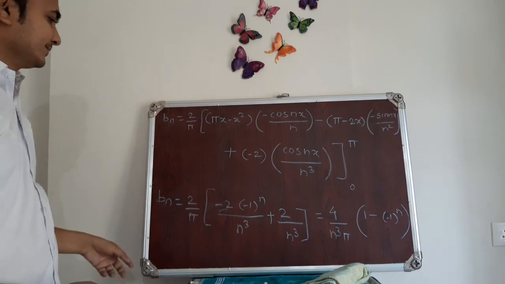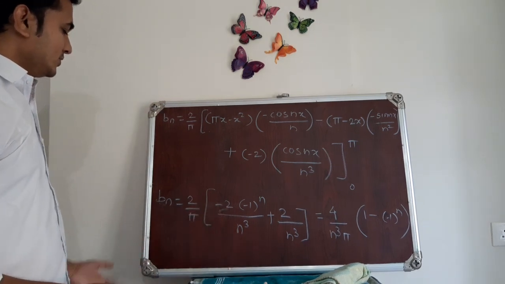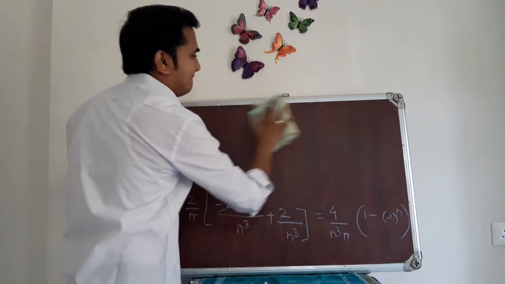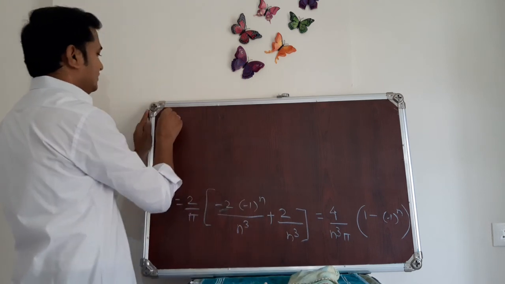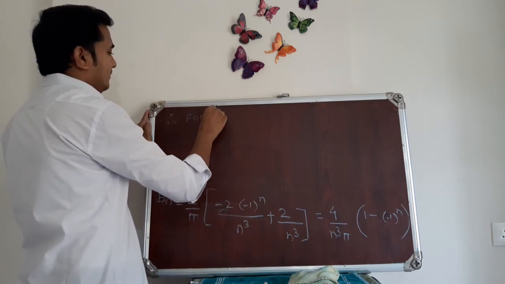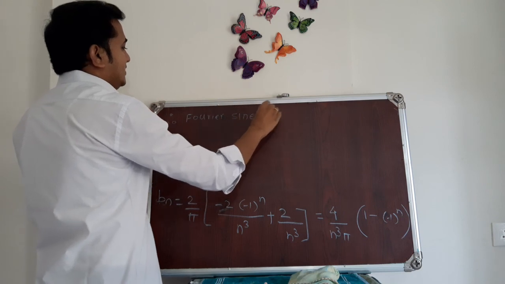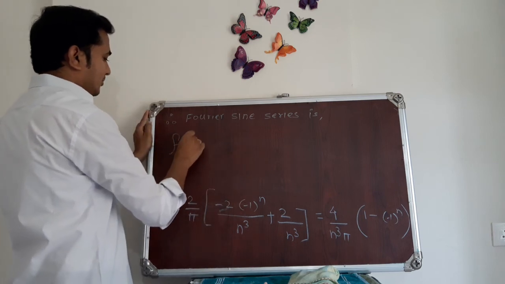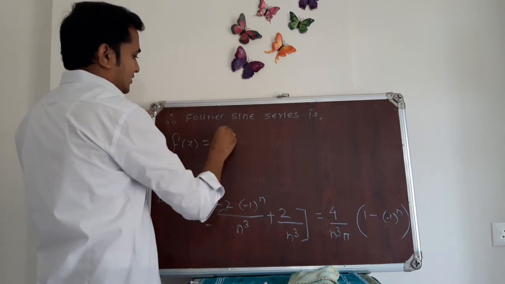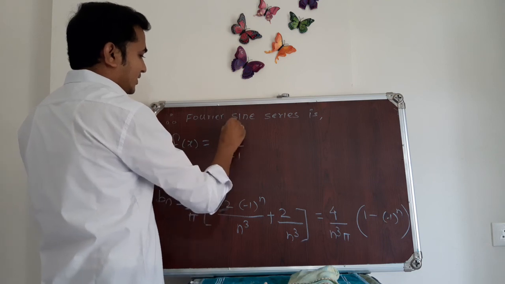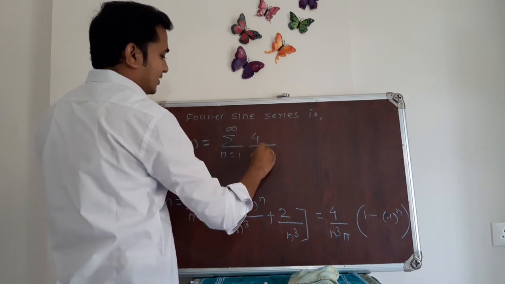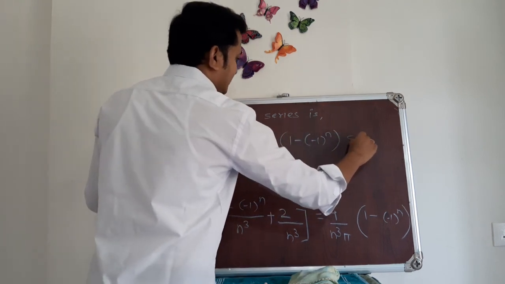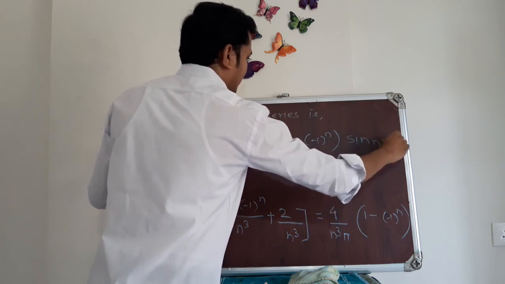Okay, so Fourier sine series is, therefore Fourier sine series is f of x is equal to summation n running from 1 to infinity bn, that is 4 upon n cube pi into 1 minus 1 raised to n sine nx.